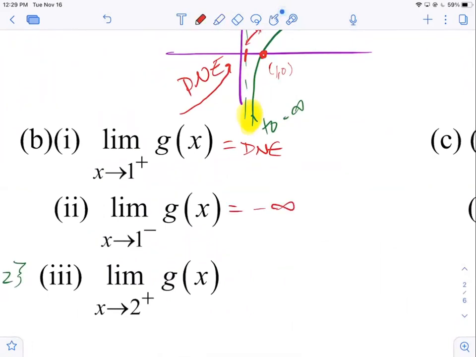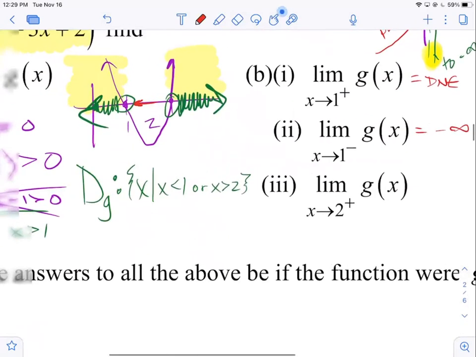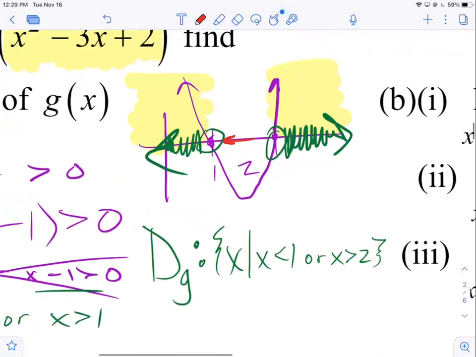Okay, so notice how we don't even really need that graph. All right, what would be the limit as we approach 2 from the right? Well, 2 is the other kind of line of demarcation for the domain. If I approach 2 from the right, am I in the domain? I am. So let's think about it. As I approach 2 from the right on the inside, again, my y values are approaching 0, but they're positive.